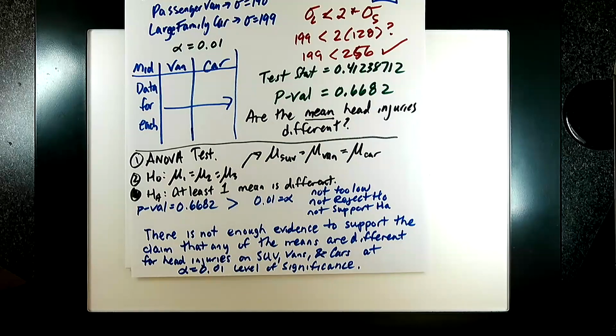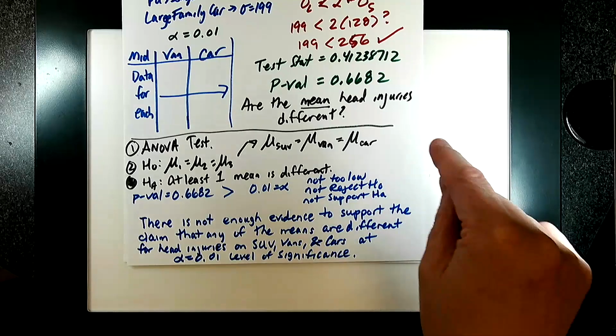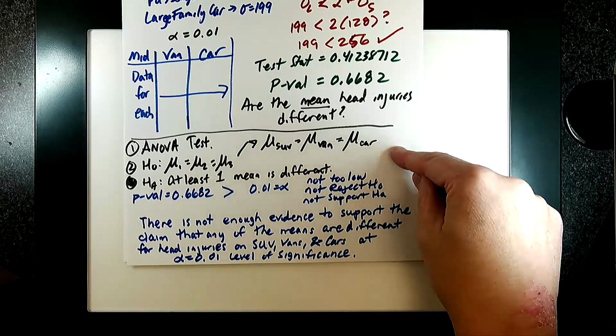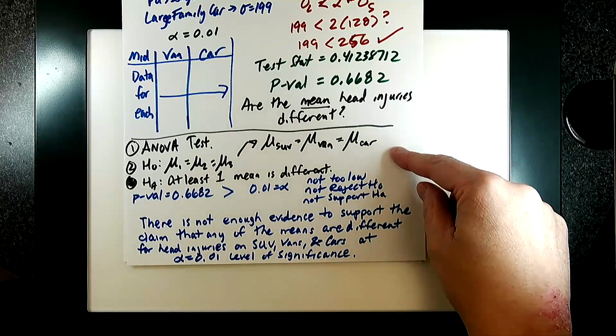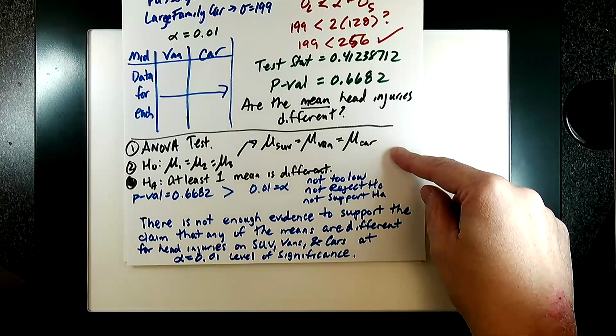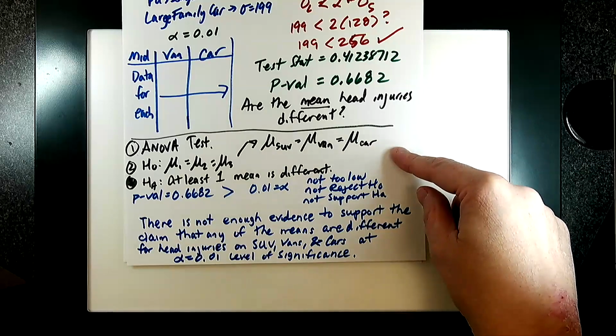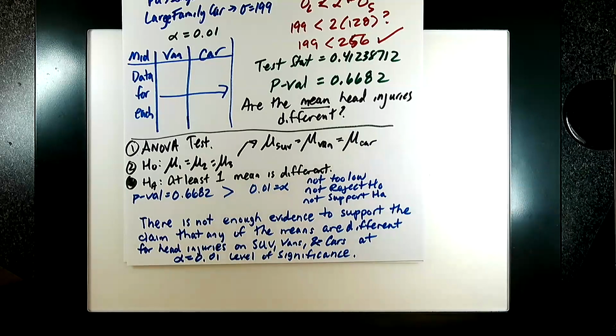And HA is the only one we ever want to talk about in the statement of conclusion, because that's the one we're checking to see if it's true or not. The old one we already assumed to be true. Like the court of law idea, innocent until proven guilty. Innocent is the H naught. We assume that. We're not trying to prove it. The only thing they're ever trying to prove in a court is whether or not you're guilty. And the defendant will try to show that you're not guilty. They can't show that you're innocent.